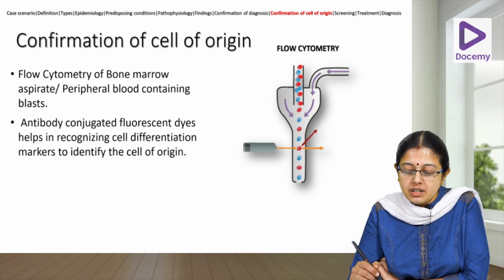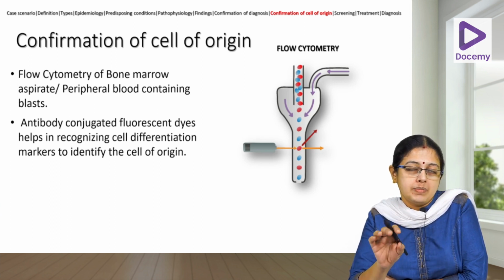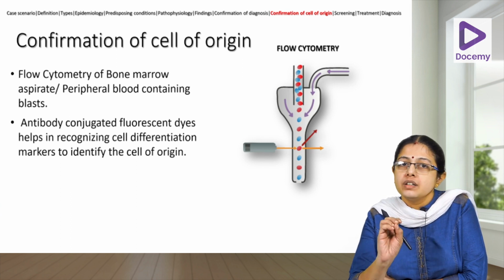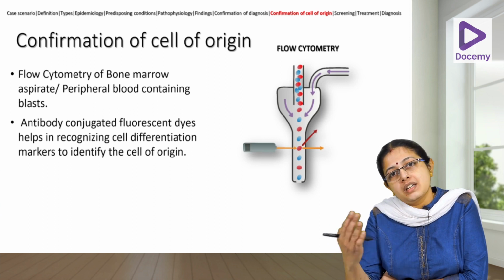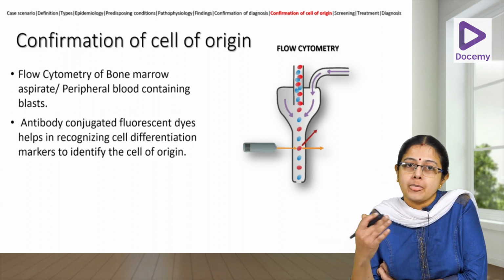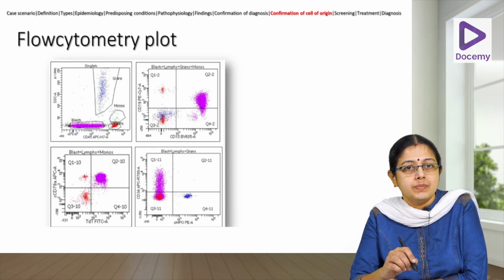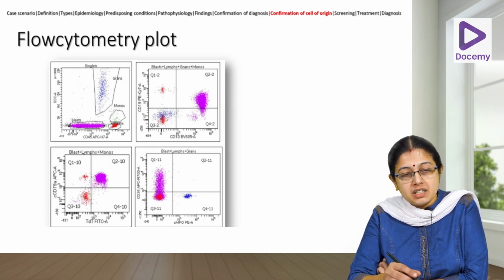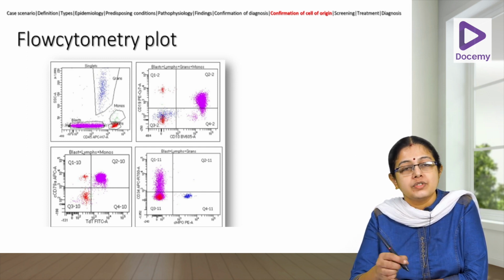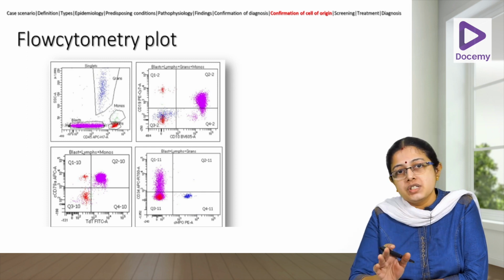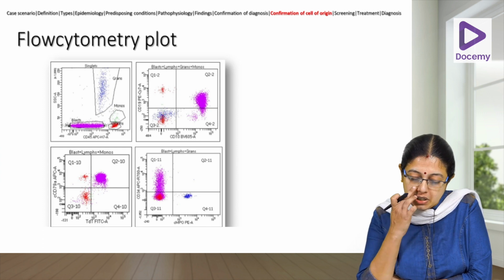Okay, so here the scatter which happens when the beam of laser falls on each individual cell will be captured on a screen, and this is called the flow cytometry plot. So the scatter will be captured on the screen, and from this you will be able to identify the type of cell differentiation marker that is present in this particular patient's clone.